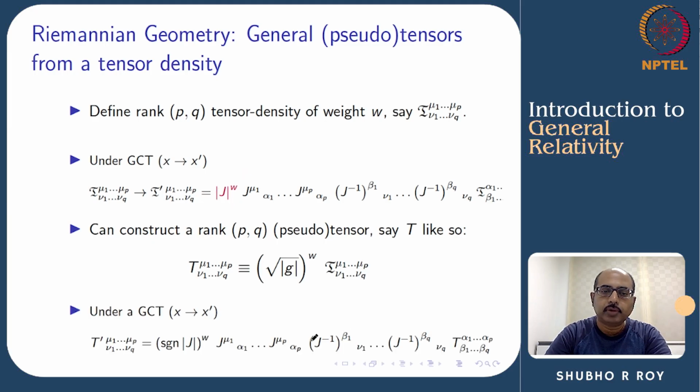And as a result, the transformation law will start looking like this. The only thing that will survive is the sign of the Jacobian determinant raised to W powers. So if W is even, this will always be positive, and it's a tensor. If W is odd, it will have a minus sign, so we will call those cases pseudo tensors because they are only tensors under transformation for which the Jacobian determinant is positive.